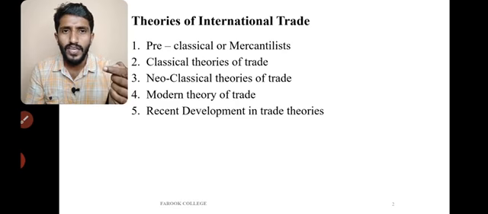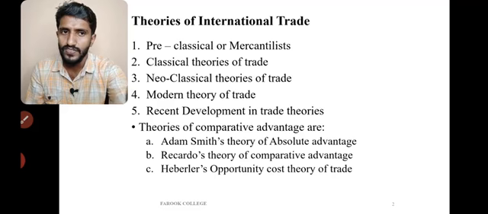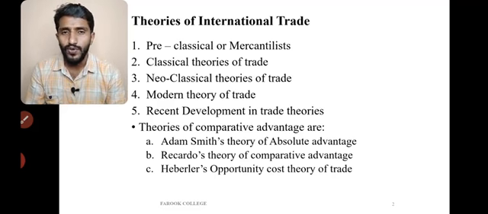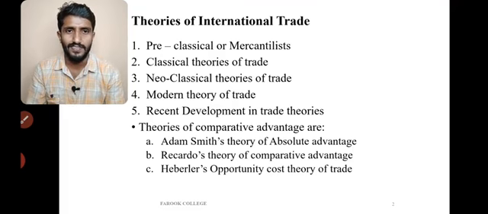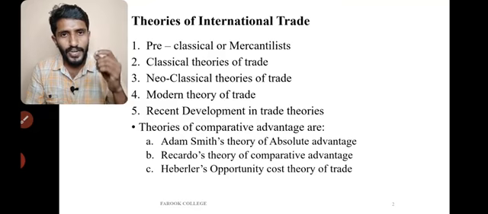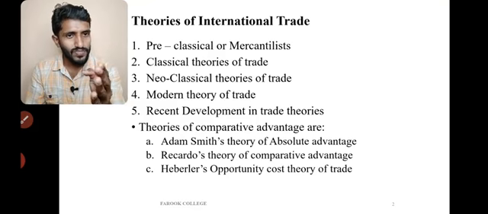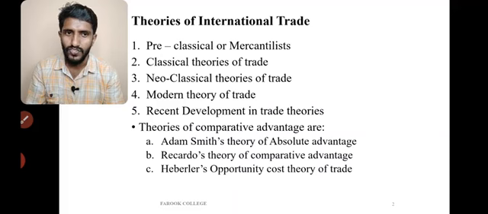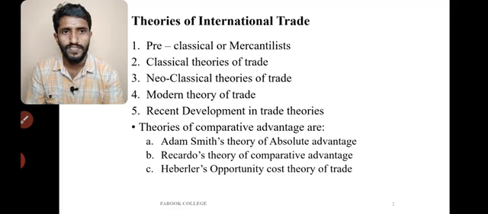If you are talking about trade theory, we can say that the first trade theories are the comparative advantage theories. They were developed by the classicals. Comparative advantage theories are Adam Smith's theory of absolute advantage, Ricardo's theory, and after that the neoclassical version of comparative advantage developed by Haberler. So these were the first theories chronologically.